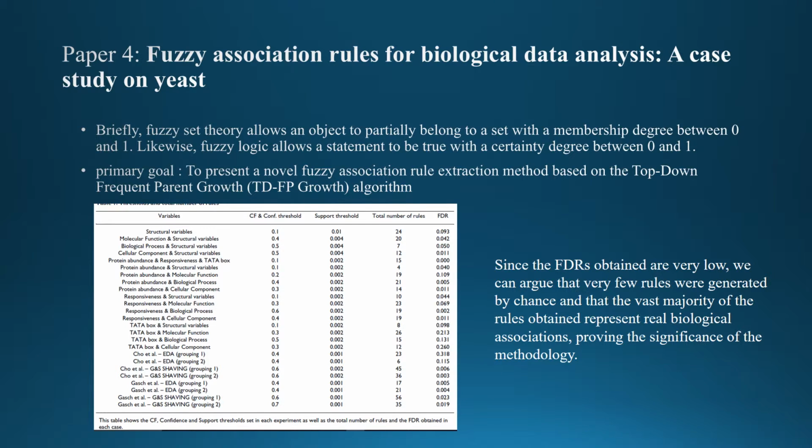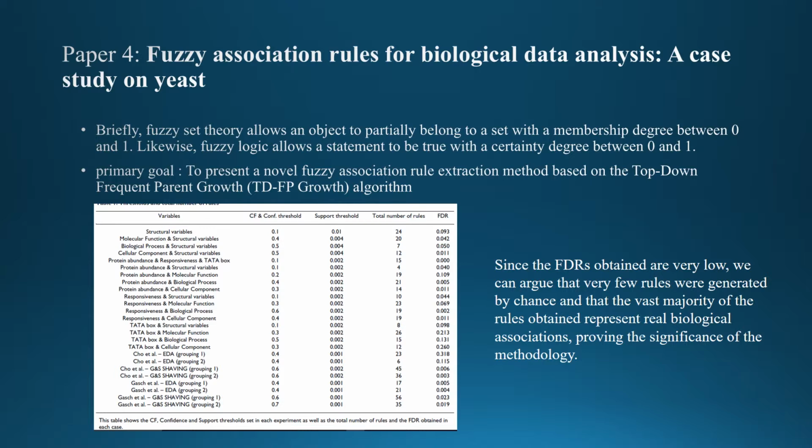In paper 4, fuzzy association rules for biological data analysis, a case study on the yeast. Yeast has always been a topic of interest because there are several unknown data patterns that have not been discovered yet. So let's start with what fuzzy set theory is.